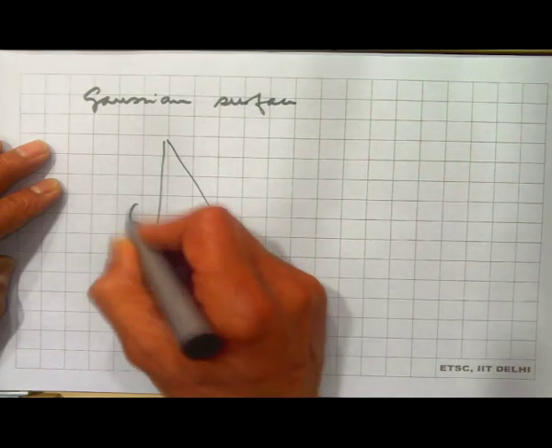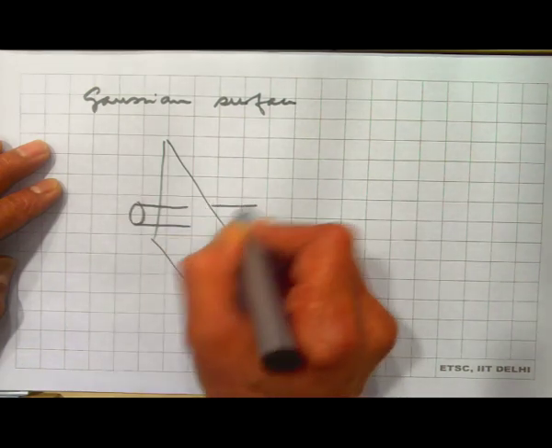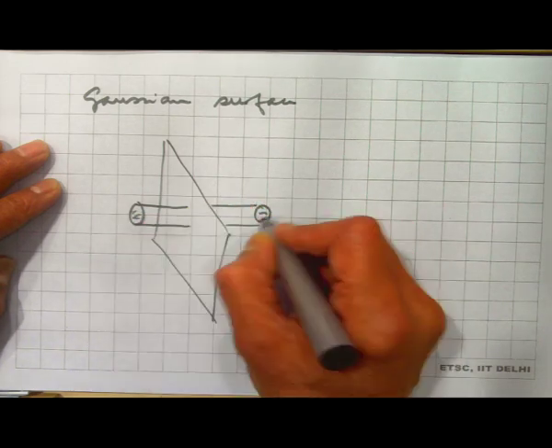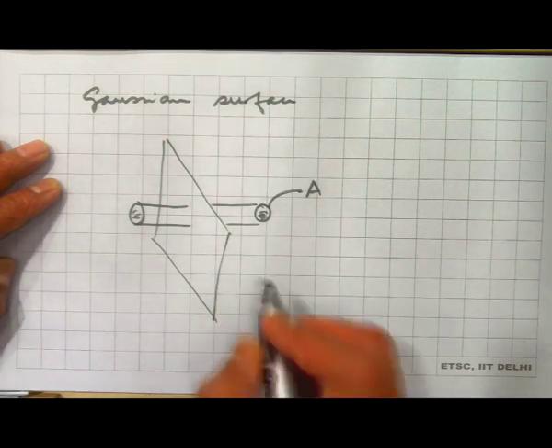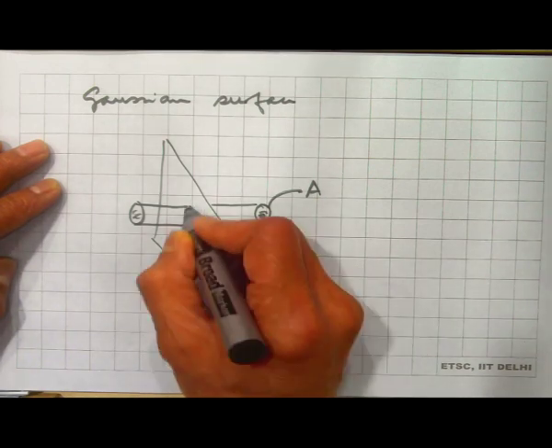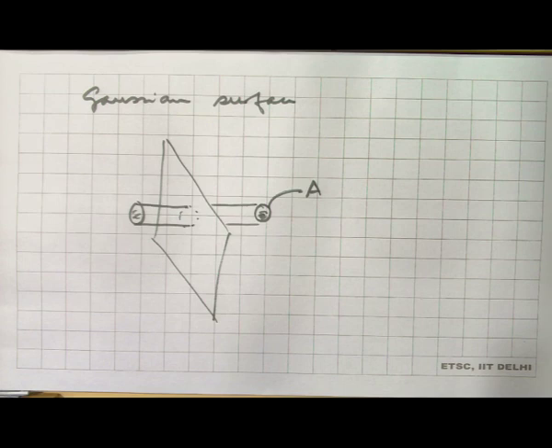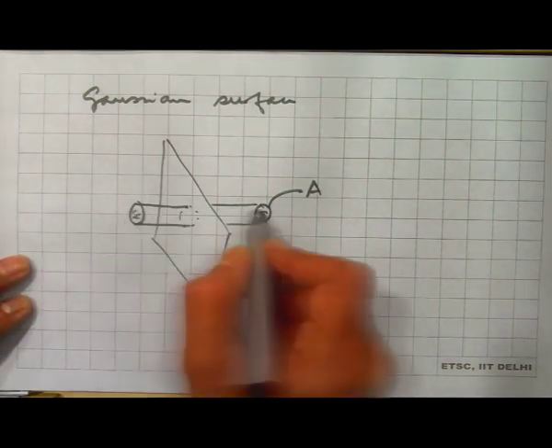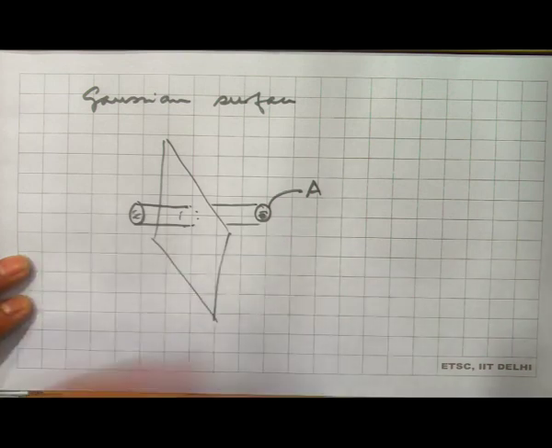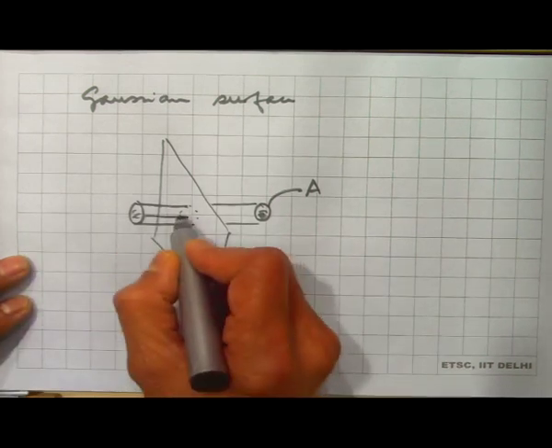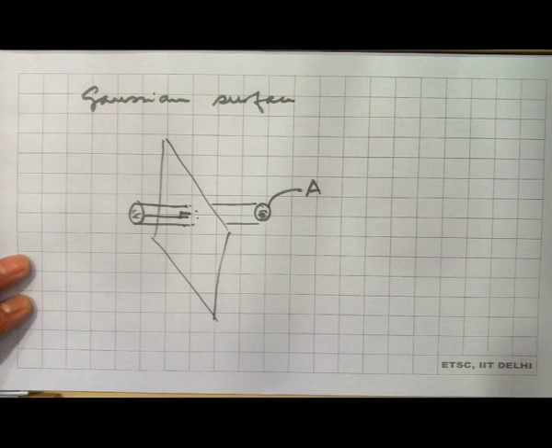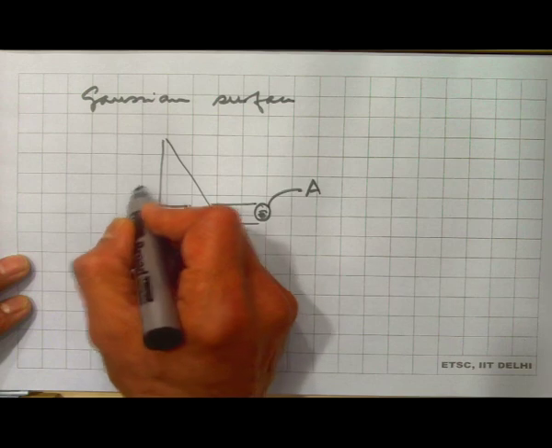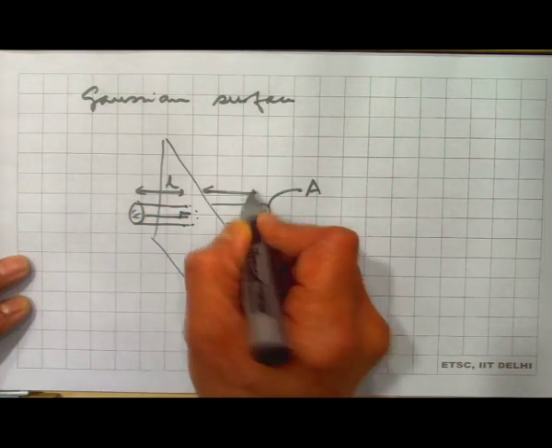So, I take a cylindrical box of area A, and the cylinder is normal to this plane surface, and it is a cylinder intersecting the surface perpendicularly. So, this line is perpendicular, and this plane is passing through the center of the cylinder, so this length is equal to this length.